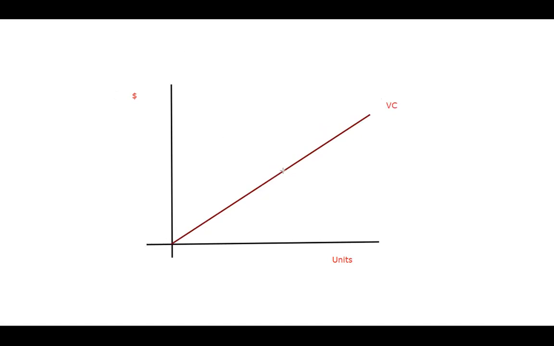If you produce this much, for example, then your costing is in here. If you produce less, let's say producing in here, then your expense will also be less. See, that's what I'm trying to prove. It means that if your production goes higher, your costing will go higher too.